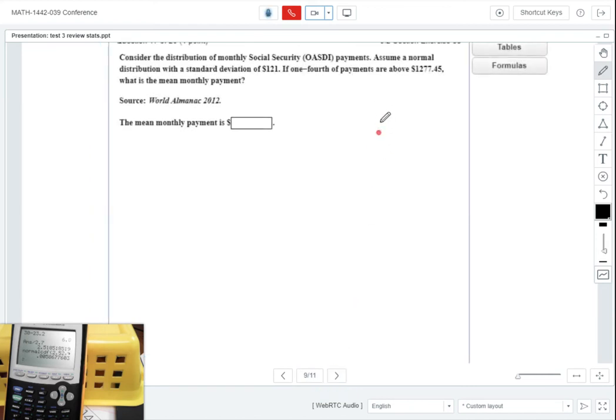All right, so here's another problem. Consider Social Security. I mean, this is the same thing as we've been doing, I think. Assume normal distribution with standard deviation. This is the mean right in the center.